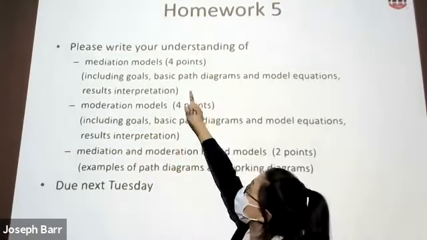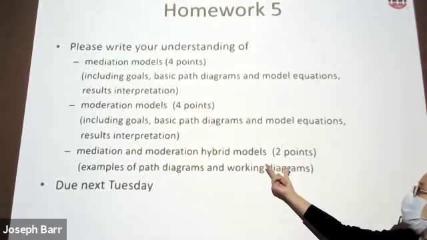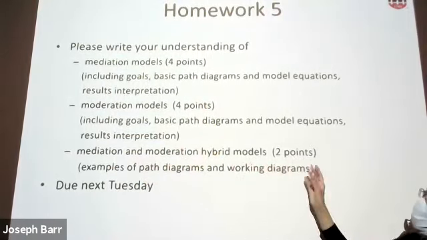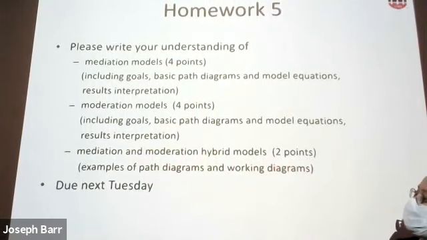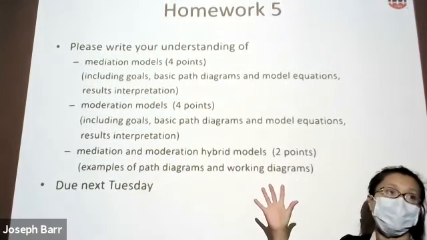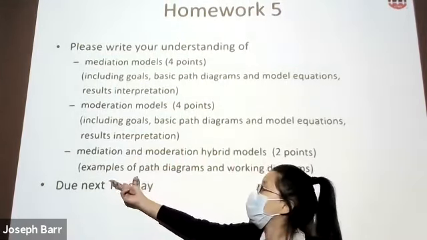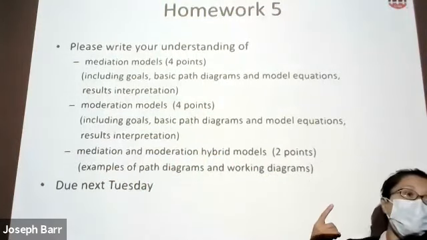4 points for the first part, 4 points for the second part, and we can also look at the hybrid models. This is 2 points. I asked you to give us some examples. Just give us some examples of path diagrams and the working diagrams.